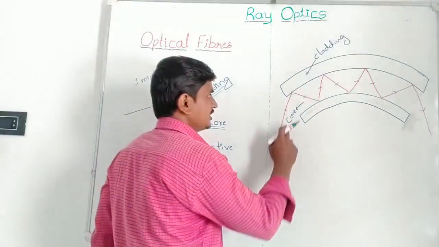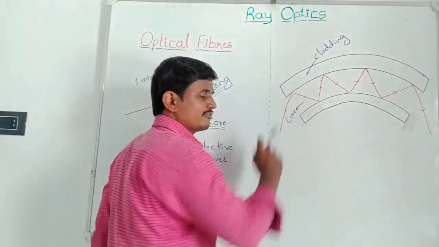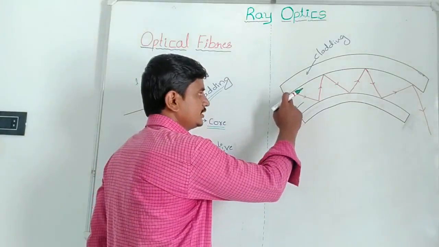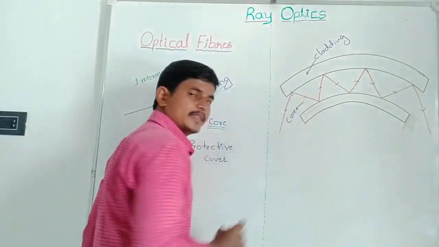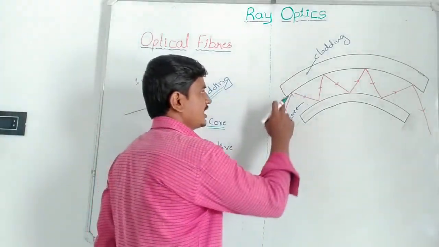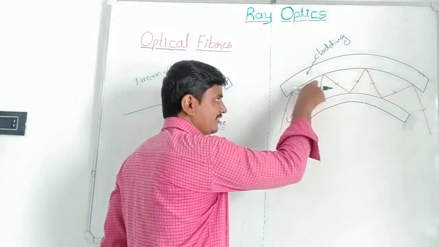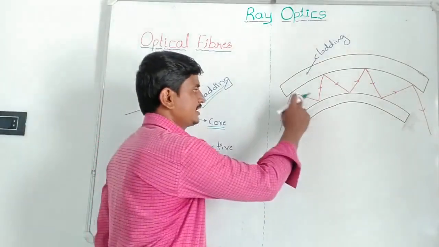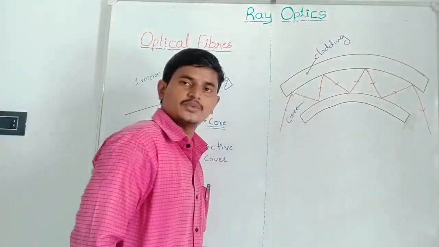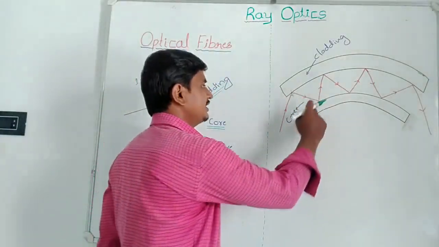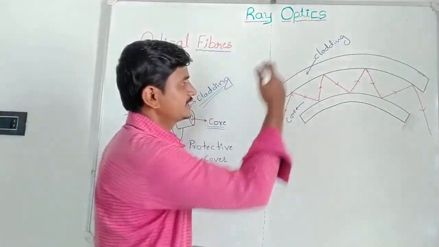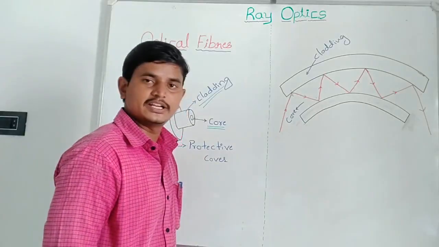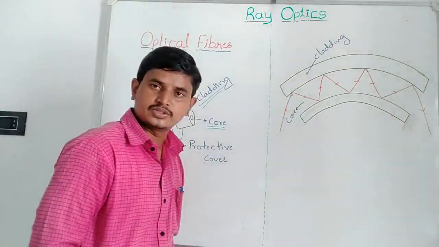When it is incident on the surface of the core with an angle of incidence greater than the critical angle, the ray of light is totally reflected back into the same medium, entering the core again. Again the angle of incidence is more than the critical angle, so it reflects back into the same medium. This process continues.